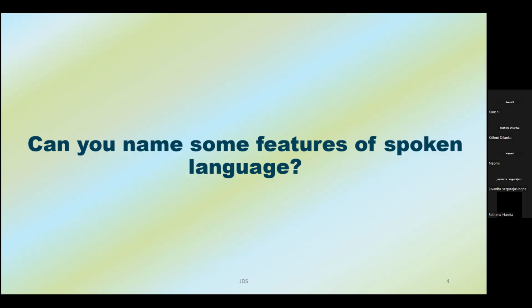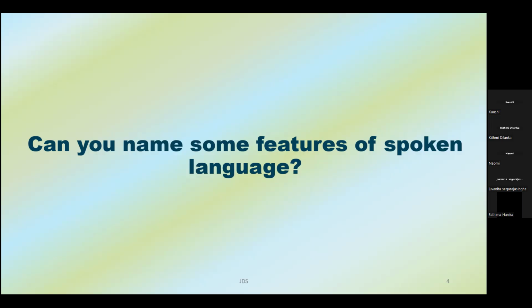Tone of voice. Tone, right? So basically, intonation, tone, pitch, pause, everything collectively, you can say spoken language involves the suprasegmental features, whereas in written language, you don't have suprasegments being practiced.